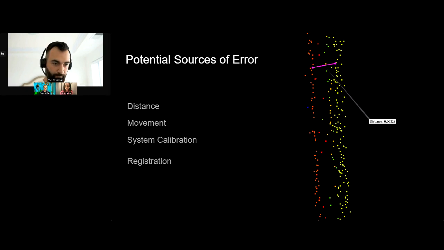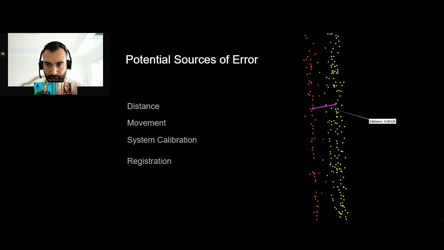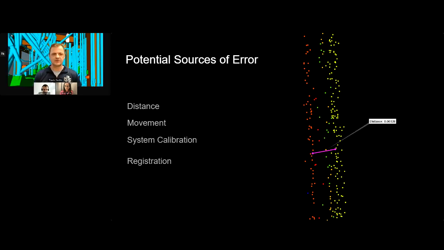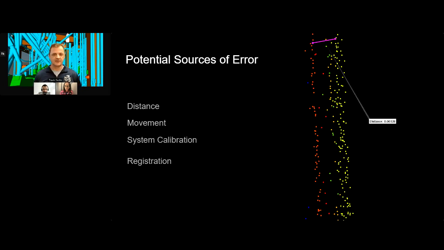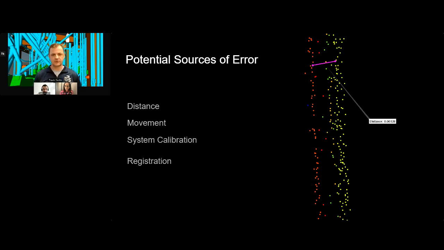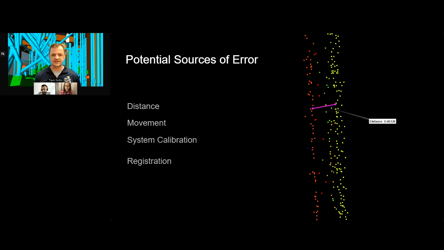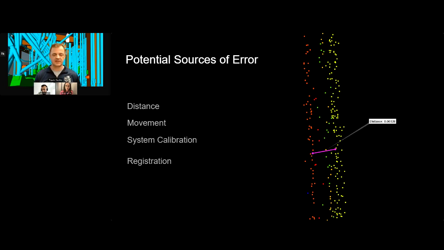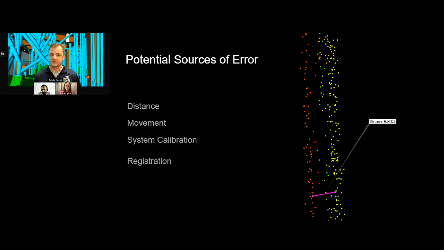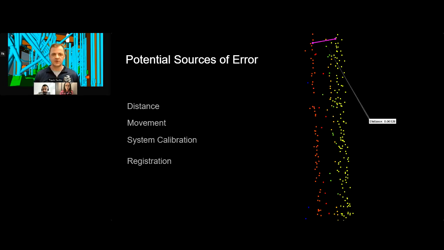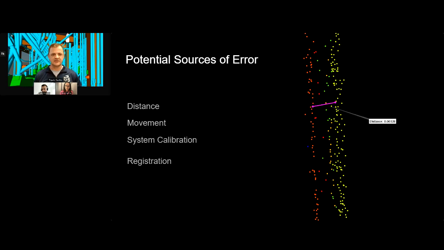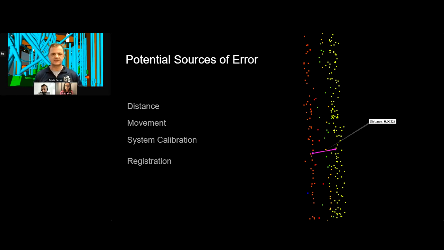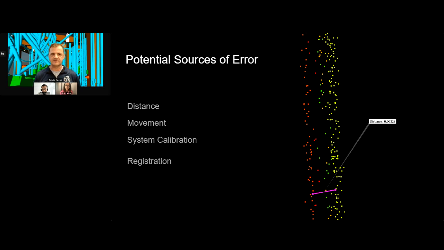So some of the sources of errors you can get is distance, as I talked about with the phase shift scanners. As you move further away, you start getting more range noise and things like that. If your scanner moves during the scan, some of the higher end scanners like the Leica P series have dual axis compensation, so they can compensate for that.